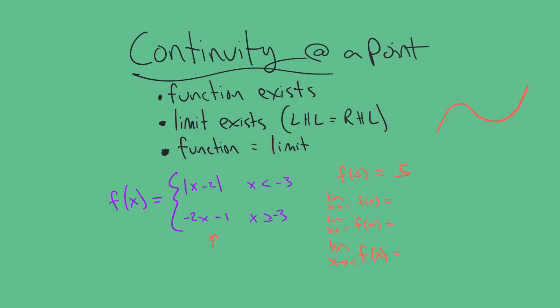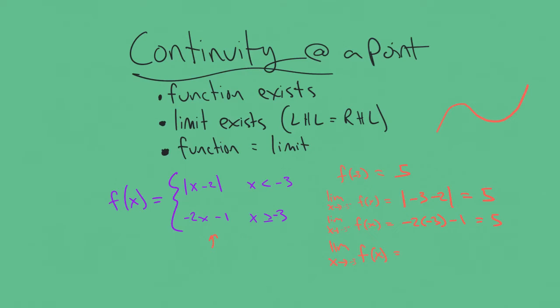And then I have to find the limit from the left and the right. Well, the left would be as x is less than -3, so that would be plugging into absolute value of x minus 2, which is absolute value of -5, which is 5. And then from the right would be using the bottom, because it's bigger than -3, -2 times -3 plus or minus 1, which would be 6 minus 1, which is 5.